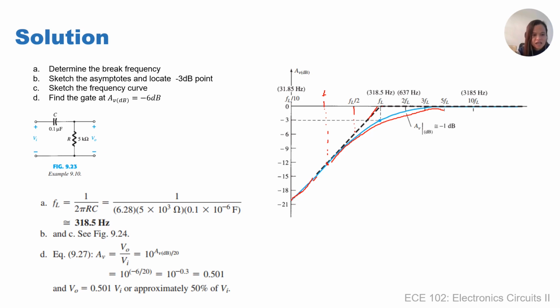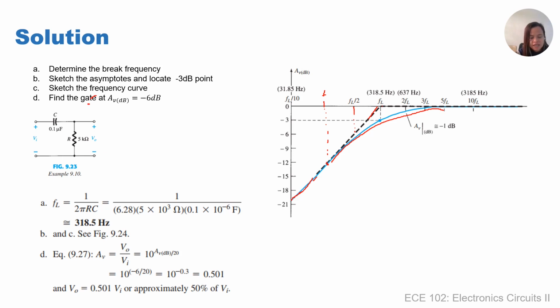Now, the first thing to find is the voltage gain, not gate, rather this is gain. So find the frequency where the gain in dB is equal to negative 6 dB.